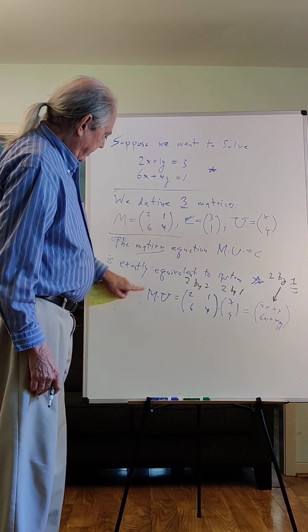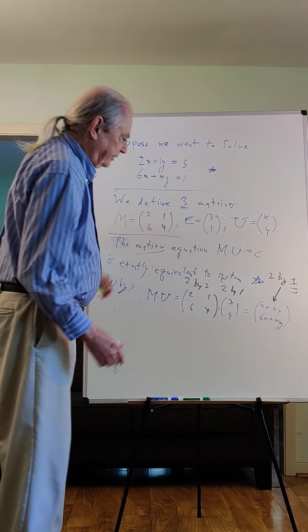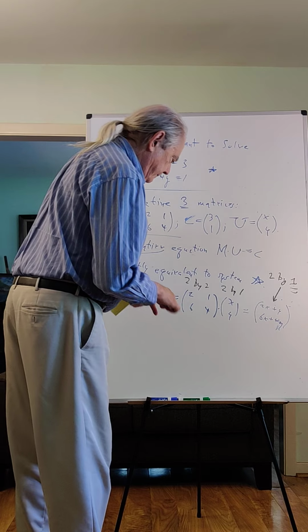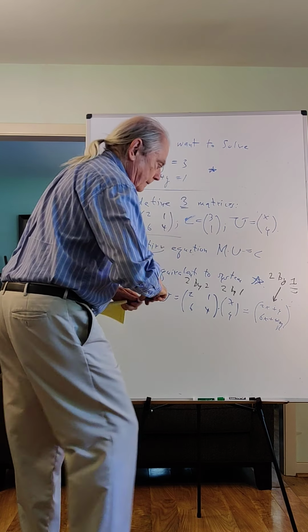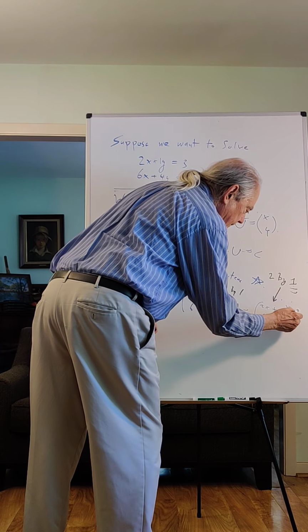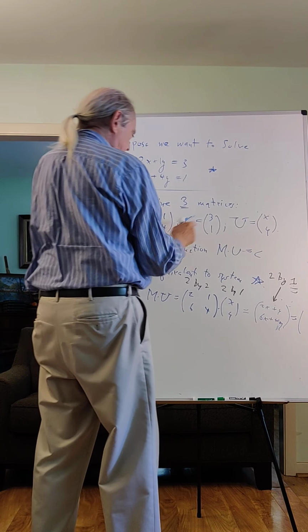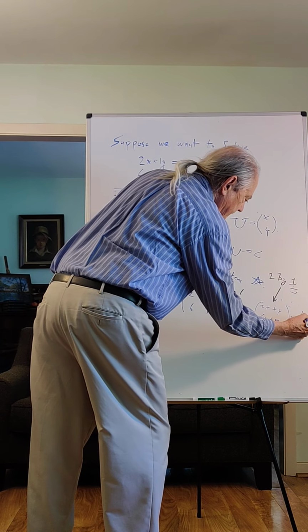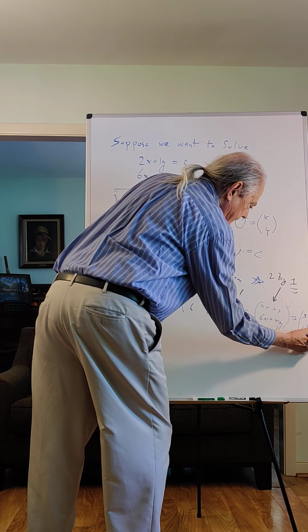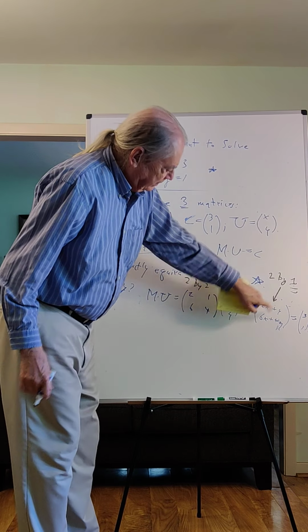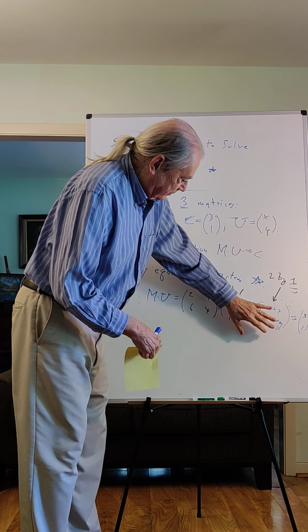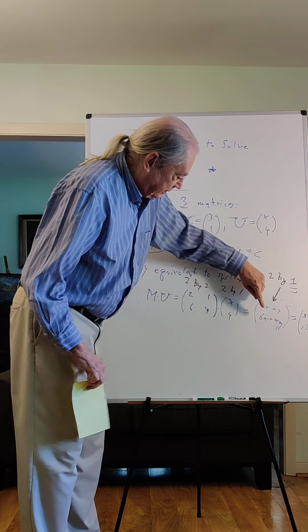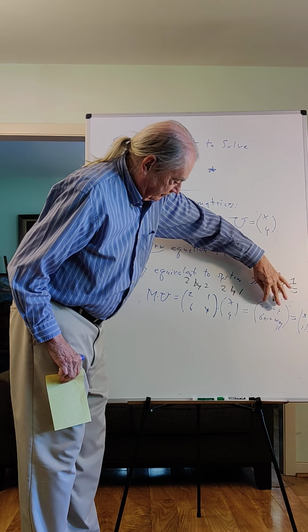Now, when we say m times u equals c, so here's c, 3, 1. When we say a matrix equals another matrix, we're saying they have the same dimensions, 2 by 1, 2 by 1, and the corresponding entries are equal.